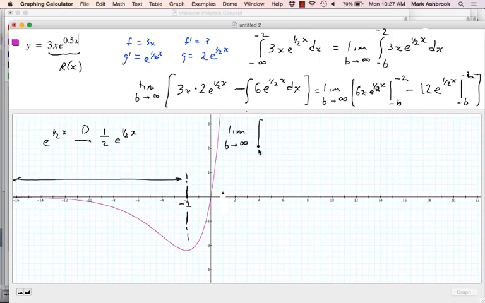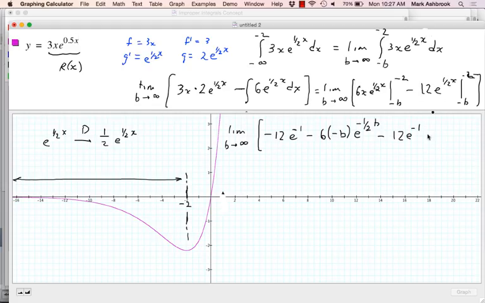So now we're going to start plugging things in. -12 e to the -1 minus 6 times -b e to the -1/2 b. And then plugging in -2, I'm going to get -12 e to the -1.